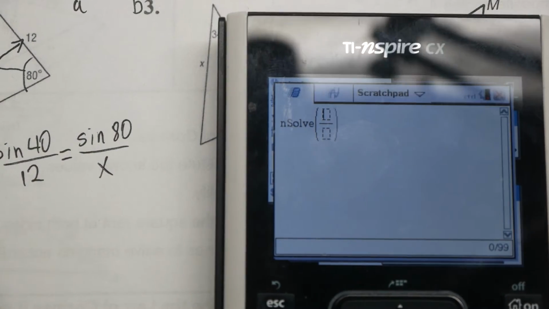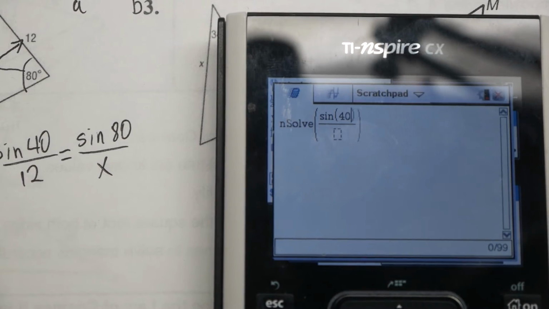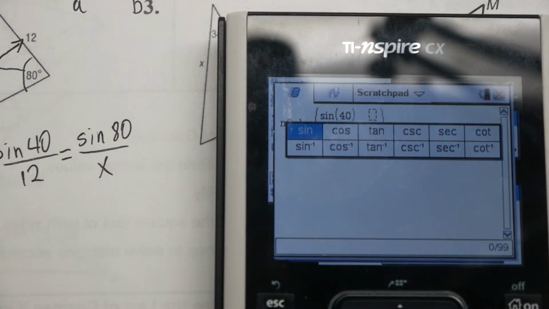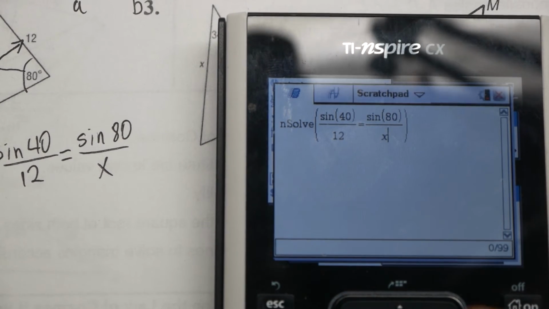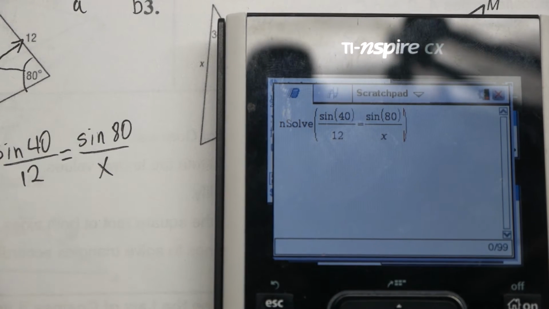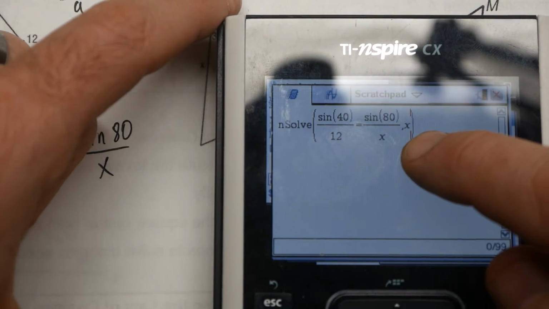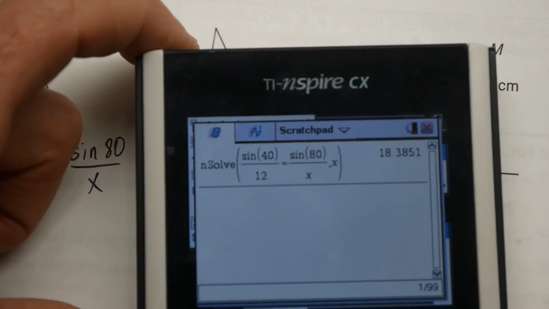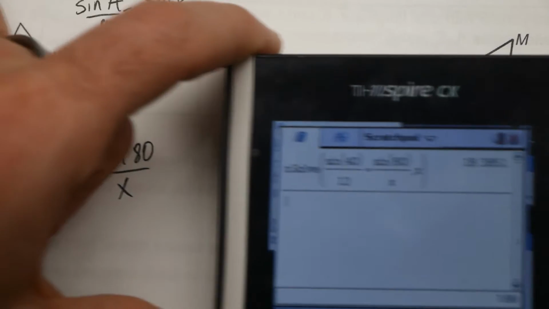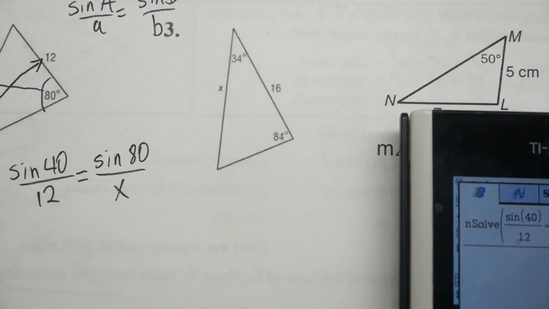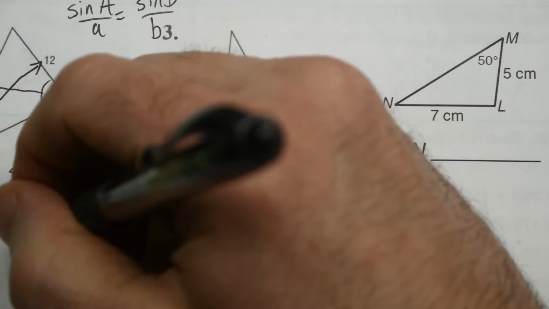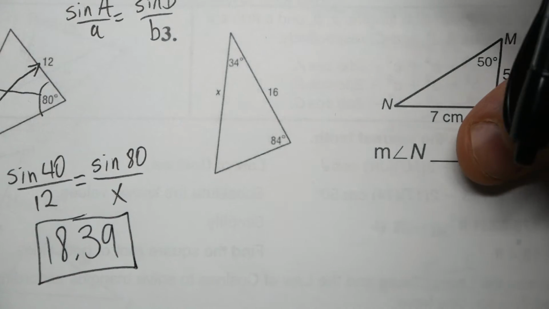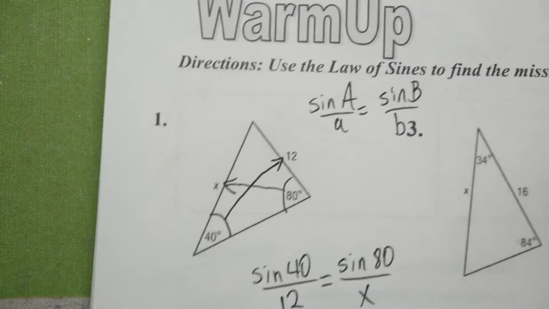So I'm going to go Control Divide, and type in sine of 40 over 12 equals sine of 80 over X. Now the one thing you have to make sure of is at the end, put a comma and then whatever variable you've used in here, we've used X. And so we're going to get 18.39, whatever units that is.